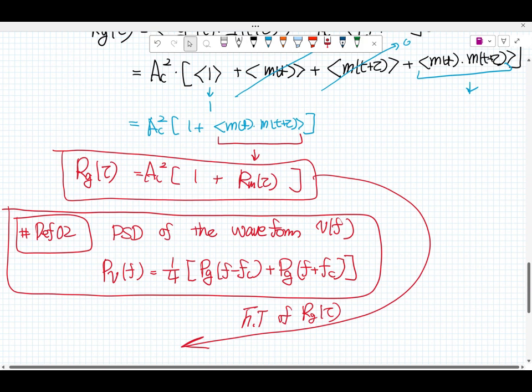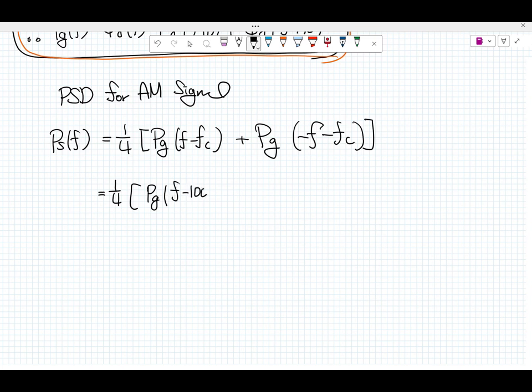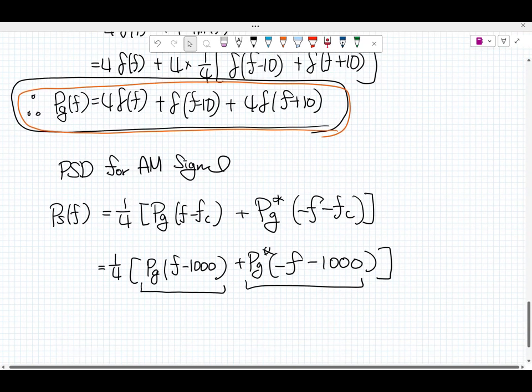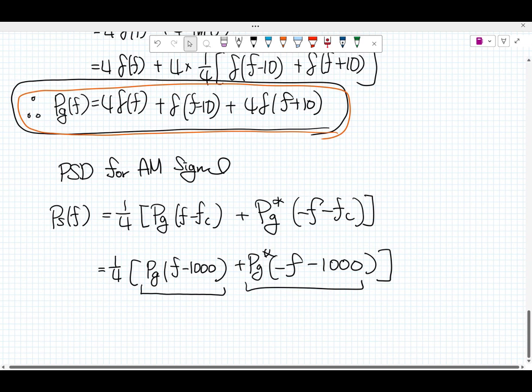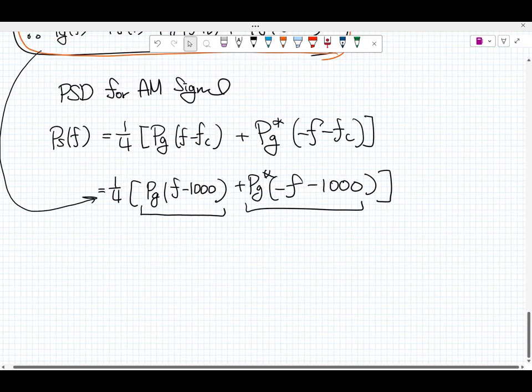So as I understood, that was 1/4 P sub g of f minus 1000 plus P sub g of minus f. I'm sorry, I'm missing minus 1000. All right. So what is the P sub g? Just the AM signal spectrum. Go back to here, the back side right there.